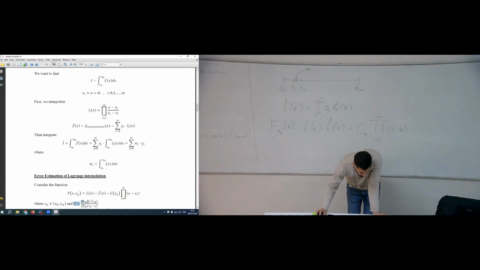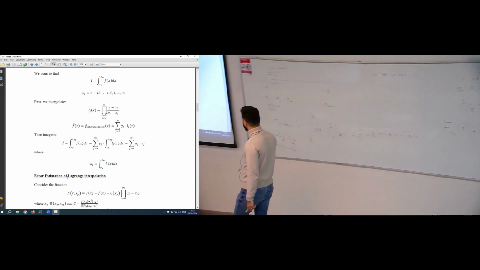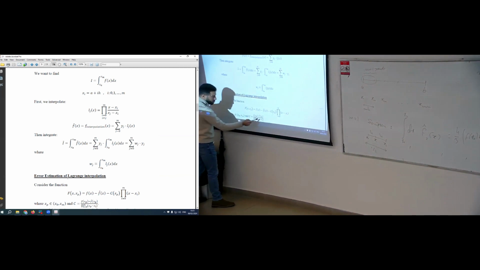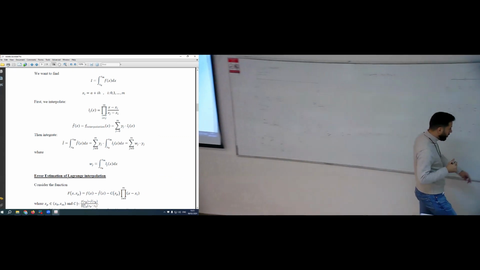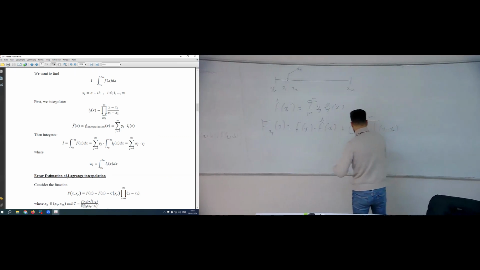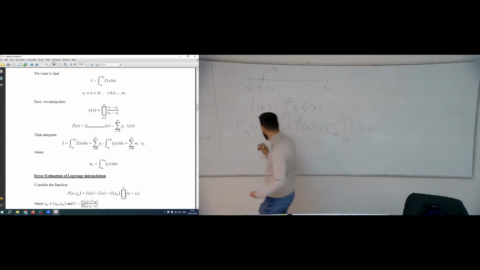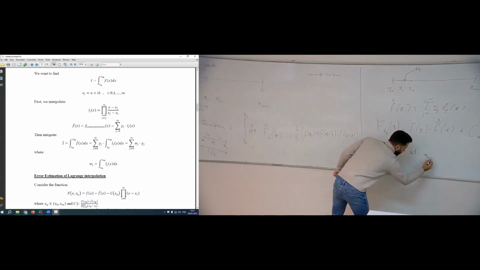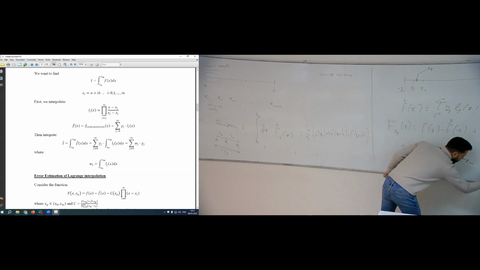Yes, that's the c. So I want this at xp to be 0, so choose c to be that. And now this function equals 0 at x0, x1, until xm, and at xp.